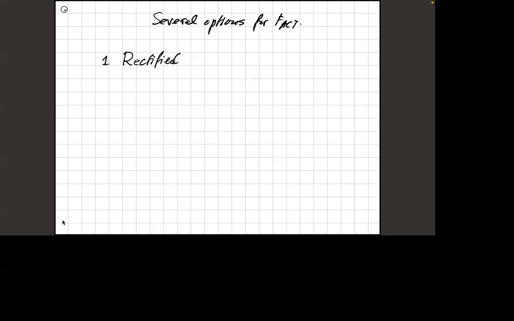It looks like this. If you have your x, and this is ReLU of x, for all negative values of x it becomes 0, and essentially ReLU of x is the max of 0 and x. That's the definition.